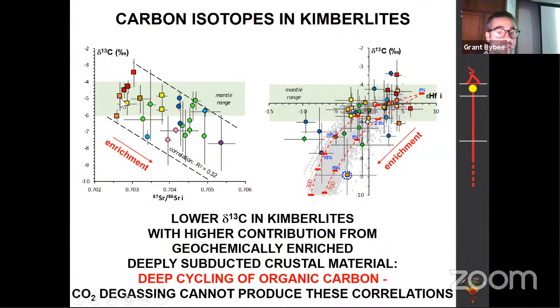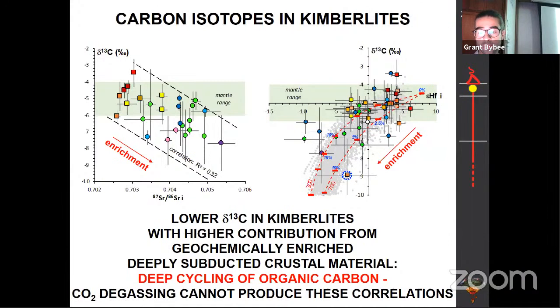And the only way for this carbon to become lower is if this subducting material hosts organic carbon with light isotopic composition. The same applies for hafnium isotopes versus carbon. These additional lines and gray plots are the results of modeling as well as Monte Carlo simulations, just to show that this scenario is indeed feasible.